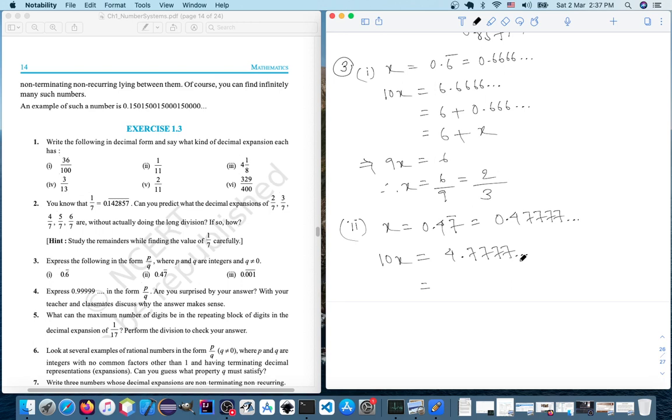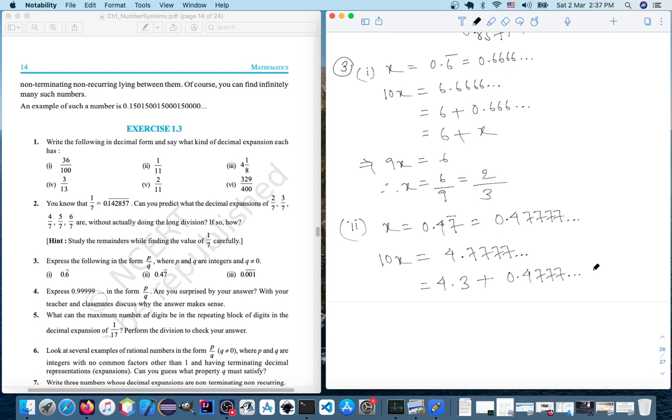After the decimal point we have 4, then 7 is repeating. So we have to extract 4.3 and then we will get 0.4777.